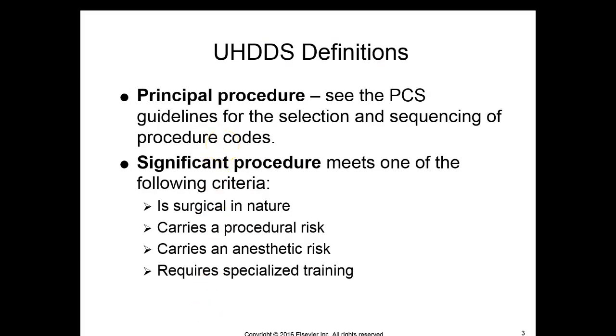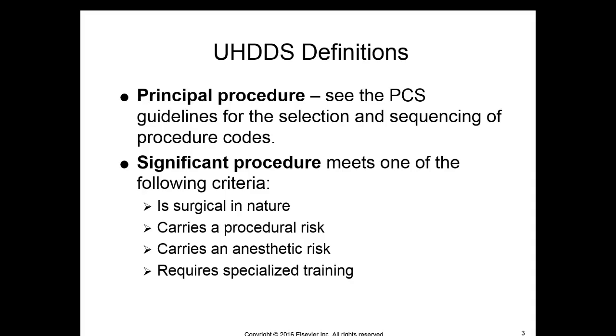So again, on page 99, the definition of the principal procedure is one that was performed for definitive treatment rather than diagnostic or exploratory purposes, or one that was necessary to take care of a complication.